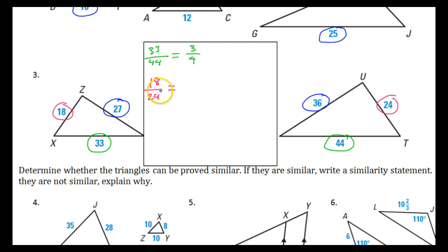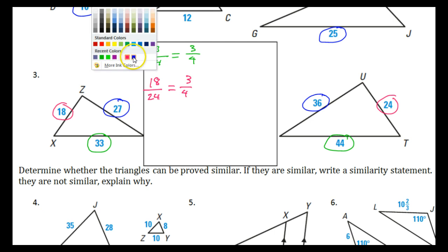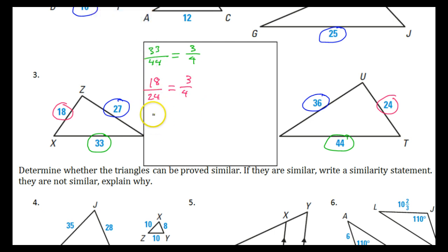Both of these are divisible by 6, so that's going to be 3/4. This is looking really good. Now let's do the blues. That would be 27 over 36. Both of these are divisible by 9, so that's going to be 3/4.